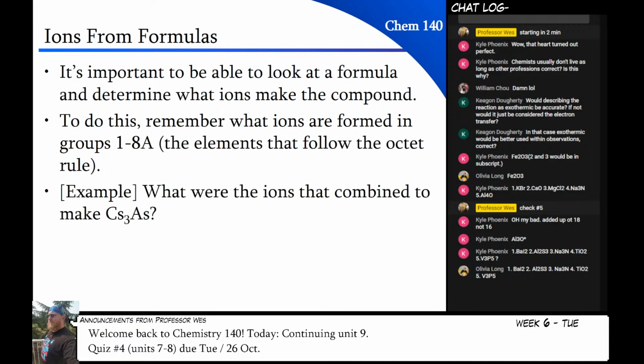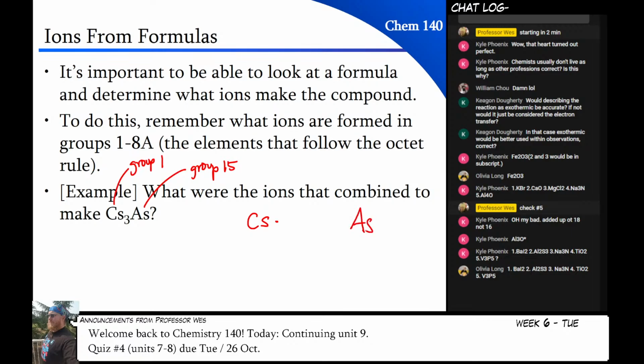So let's look at an example here. What ions were used to make this? Whatever this is. Like, you've probably never seen cesium arsenide, right? Well, if arsenic is in group 15 and cesium is in group 1, what does that tell you about those things? Well, cesium would look like this before it became an ion.